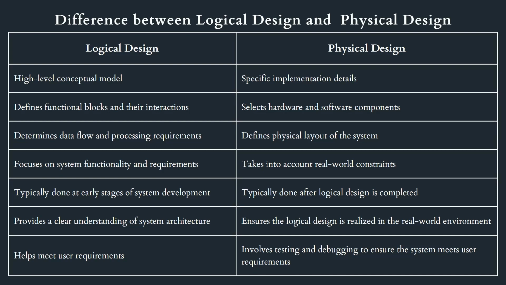The physical design will decide which components to use and what software to use in order to achieve that target. So that is basically the logical and physical design of IoT. Another thing is that the physical design of IoT will be doing the real world testing and debugging and ensure the system meets the required customer requirements.